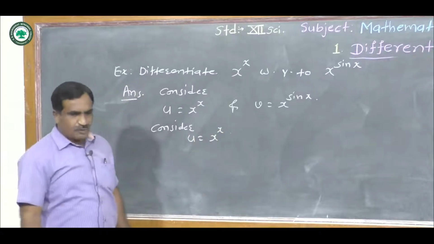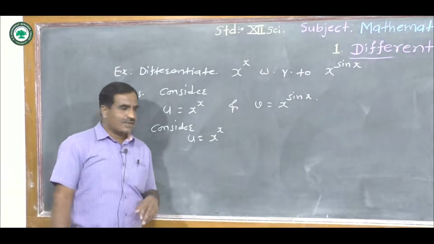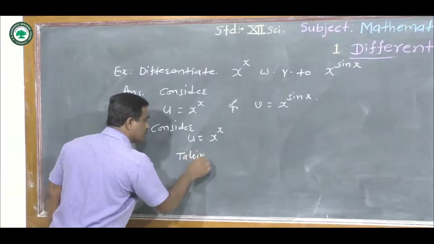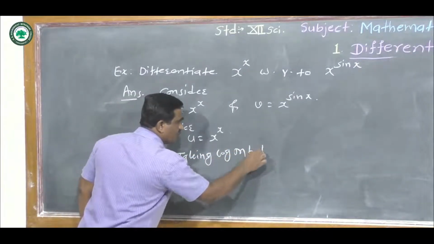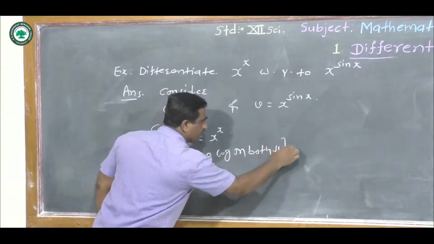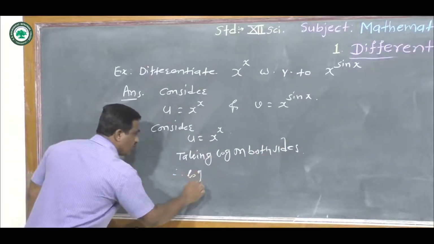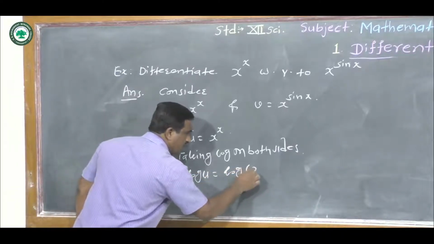Now this is an exponential function. One function is the power of another function. Now you can take log on both sides here. Taking log on both sides. Therefore log u equal to log of x raised to x.